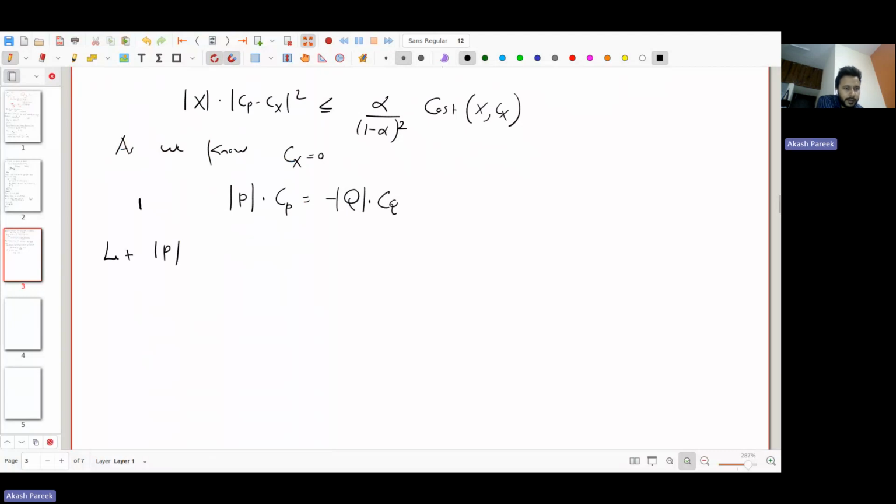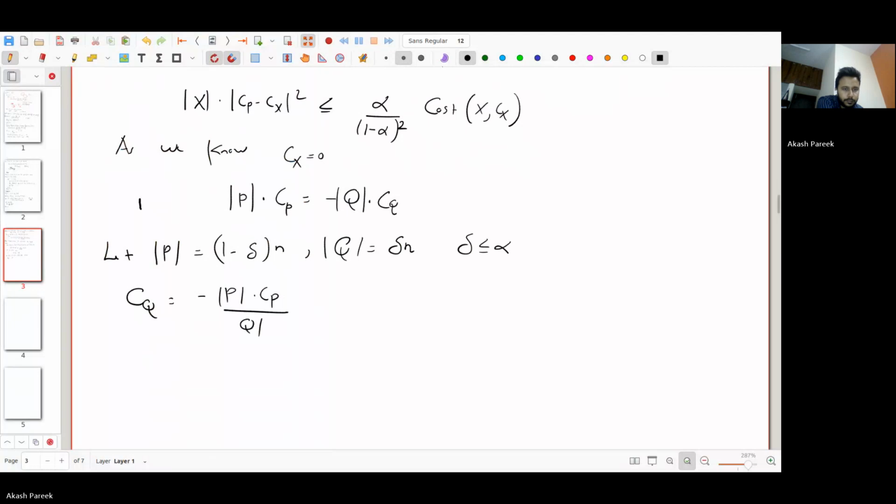And let the exact cardinality of P be (1 minus delta) times N. So the exact cardinality of Q is just delta times N, where this delta is bounded by alpha. Then from the above equation, CQ can be written as this, and if we just plug in, we can write this as this. Okay.